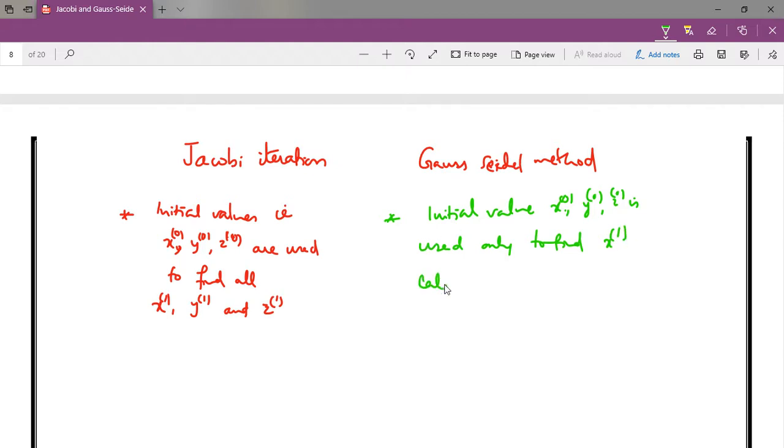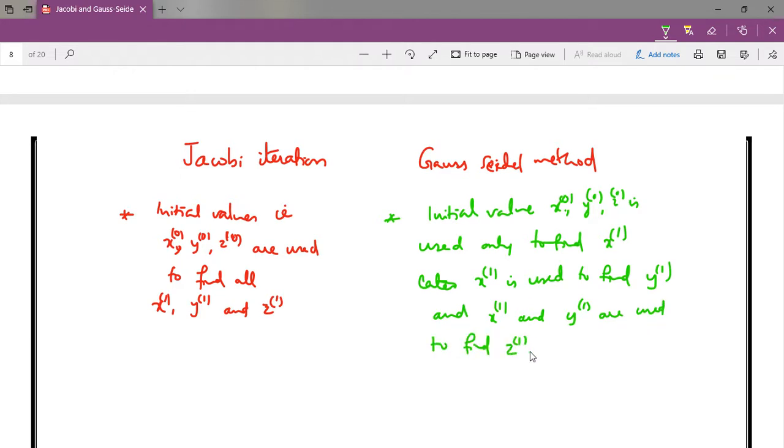Okay. Later x1 is used to find y1, and x1 and y1 are used to find z1. Okay. So are you following the significant difference?